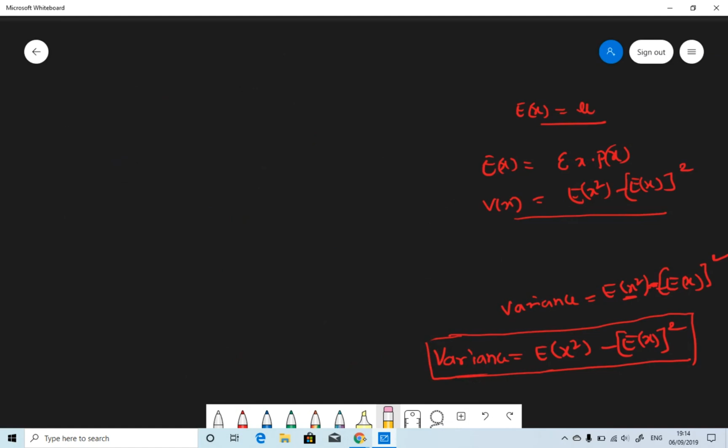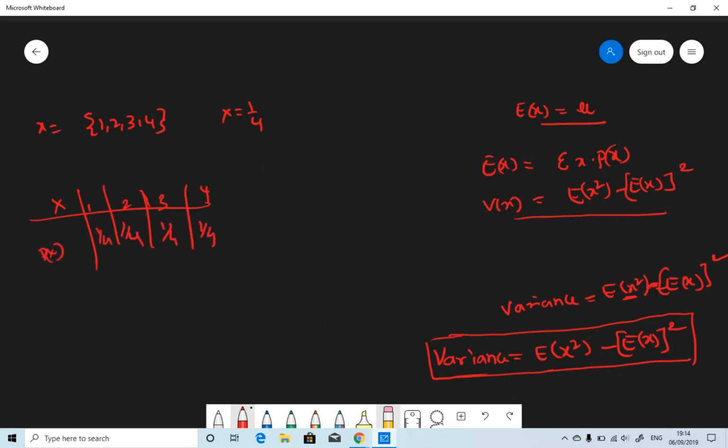Let us have a sample space now. The probability of each event will be 1 by 4. Now I make it a table: 1, 2, 3, 4, each with 1 by 4. Now the next row is x square, so you multiply: 1, 4, 9, 16. Then you calculate the expected value.